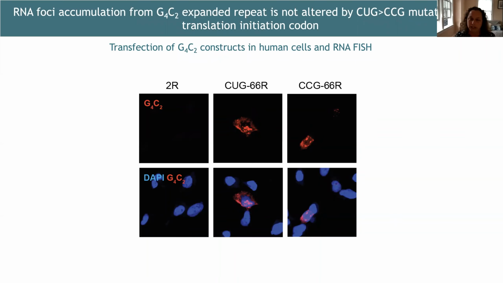So we still have the transcript with the repeats that do accumulate. And so this really gives us a great opportunity to test the relative contribution between RNA foci toxicity and dipeptide repeat protein toxicity.